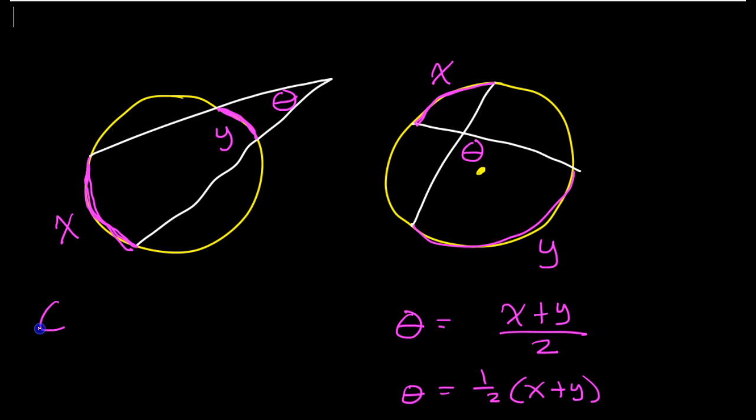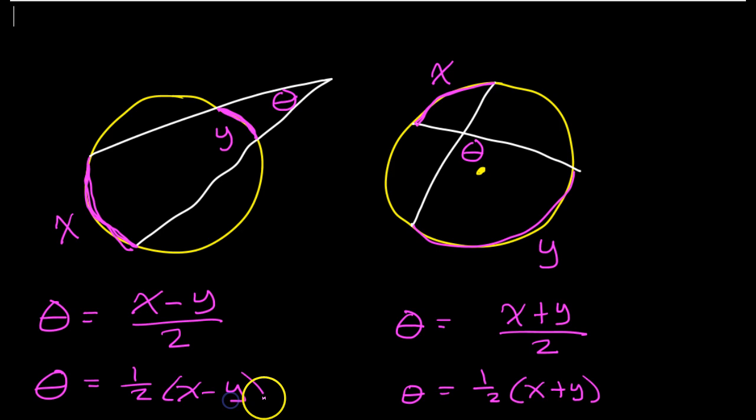So the formula is going to be very similar. The angle is going to equal x, but instead of being x plus y, it's going to be x minus y divided by 2. Or again, I could write this as theta is equal to 1/2 (x - y). So this is the deal when the angle is outside of the circle.